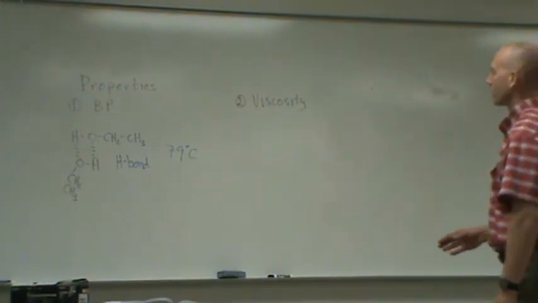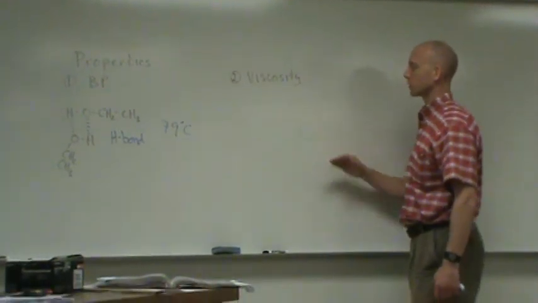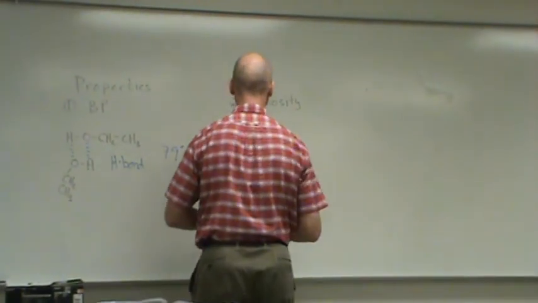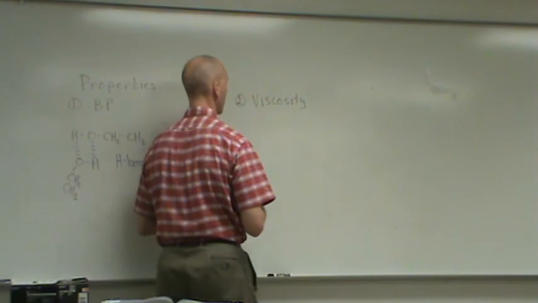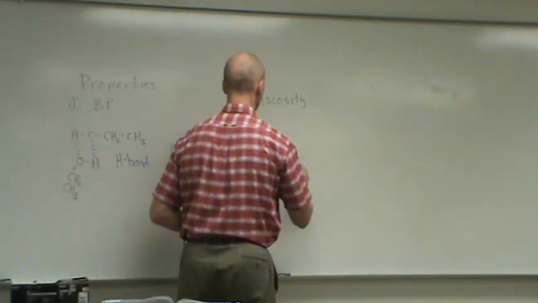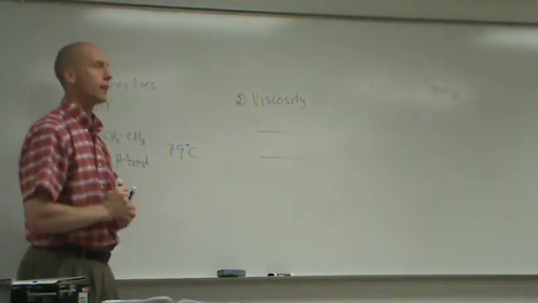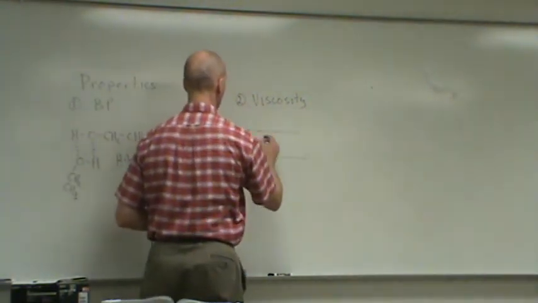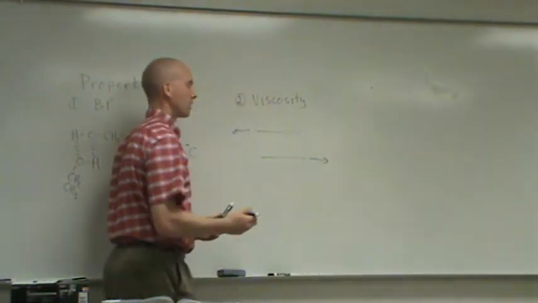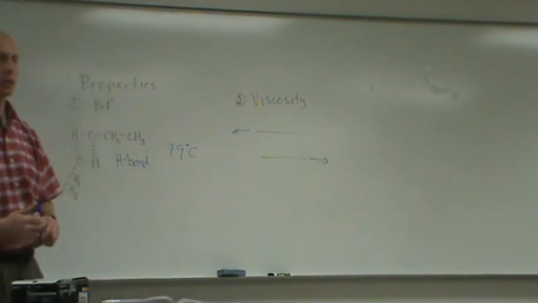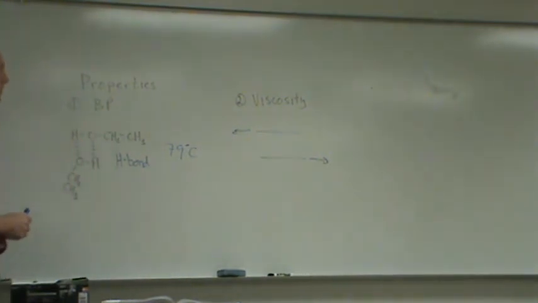We're looking at how strong it can resist flow. Okay, so if I had two molecules, let's say we showed them like this here. Okay, what I'm trying to look at is how they can flow by each other. Okay, sometimes called shear resistance. You get into engineering mechanics. Okay.